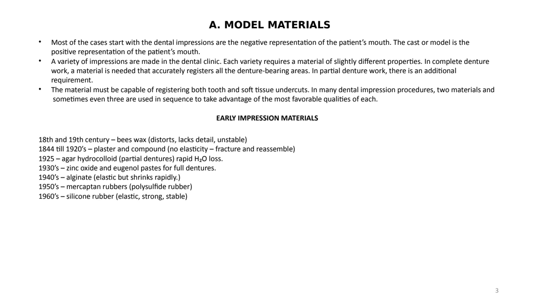1950, mercaptan rubbers or polysulfide rubbers were developed, and those are the materials that are more accurate, and also the setting time is pretty short, so the patient doesn't have to keep that material for a longer period in their mouth. 1960, silicone rubber, elastic and strong and stable, so it's more accurate.